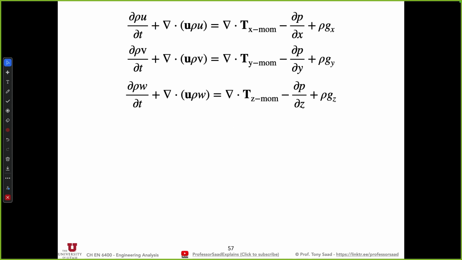Now, before I go into what tau means for a fluid, because we're only focused on fluids here, I want to take a detour and force you with me to simplify these equations so we can write all three equations as a single equation, okay? And in the process, demonstrate to you that the only way we can do this is by using tensors.